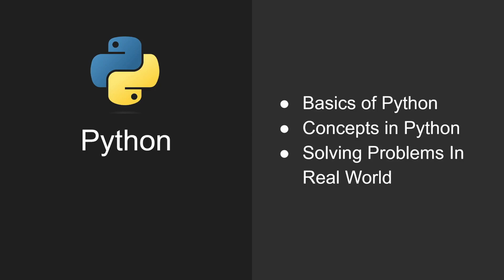After that, the third is solving real-world problems. You should take an approach in Python to apply your Python knowledge to solve problems for the real world. That could enhance your coding skill and your logical thinking skill, right?